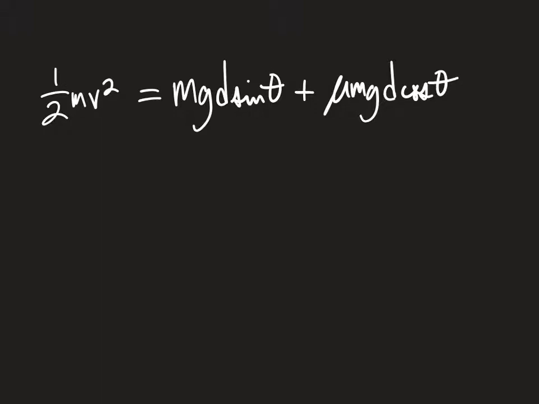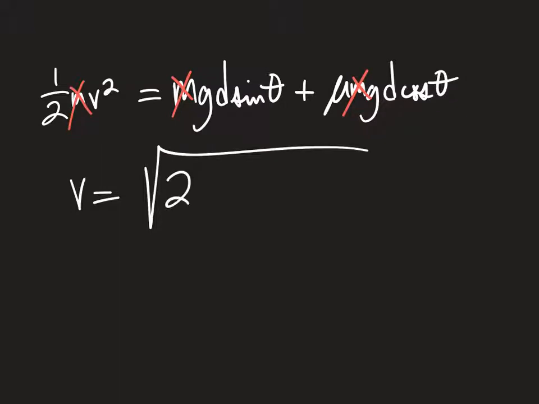Nice thing is we don't have to bother with converting the mass of the car because it drops out of everything. And so your V is just going to be 2GD, which is the only common part, times sine theta plus mu cosine theta.